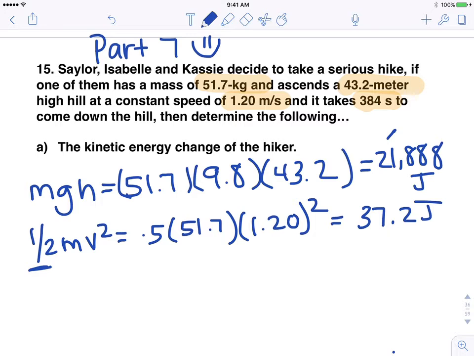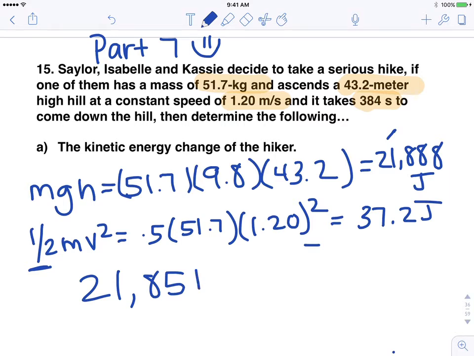So it's asking us to figure out what the kinetic energy change is. So if we take the 2 and we subtract, right, we end up with a total of 21,850, I'm sorry. Whoops. 21,850, 50?